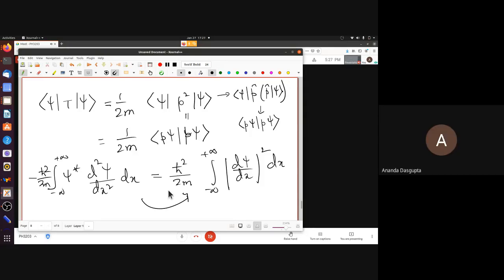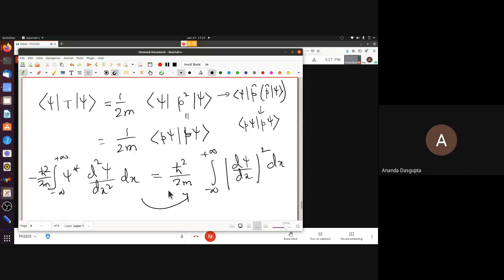And the fact that when you integrate by parts, taking d2 psi dx2 as the second function, the one which you integrate, and psi star as the function which you differentiate, you get an integrated out part in the integration by parts formula, which will vanish because your wave functions die out fast enough at infinity.